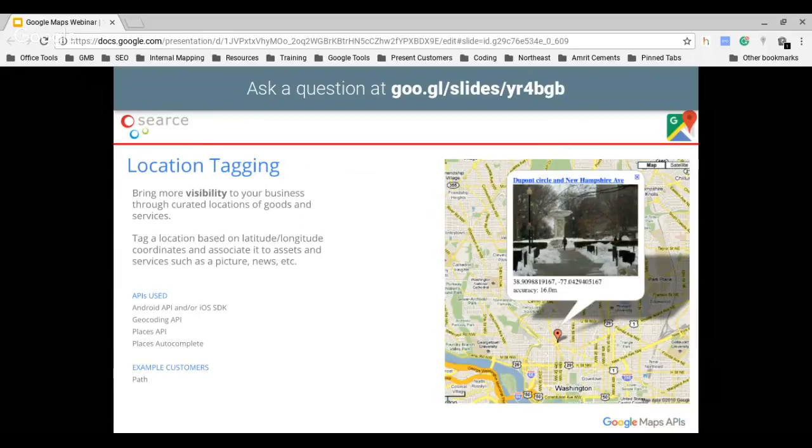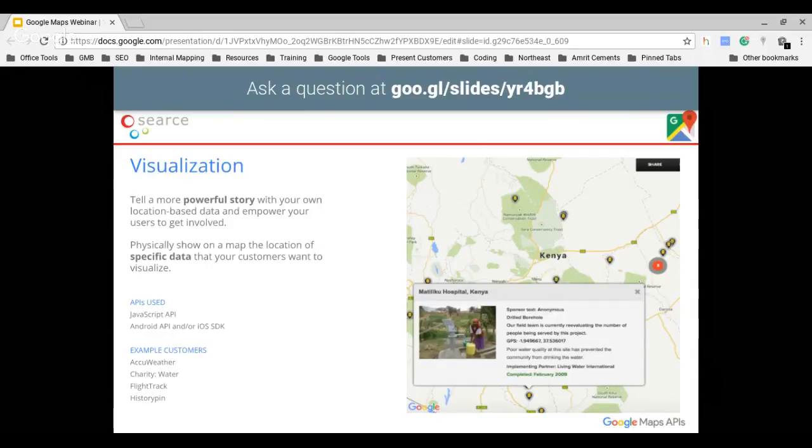Then we have location tagging. You can bring more visibility to your business through curated location of goods and services. Then we have visualization, which we've already discussed for the most part. But other than the imagery that we talked about, we can also have information which is filter based, right? So which are the hospitals that have particular specialty centers?